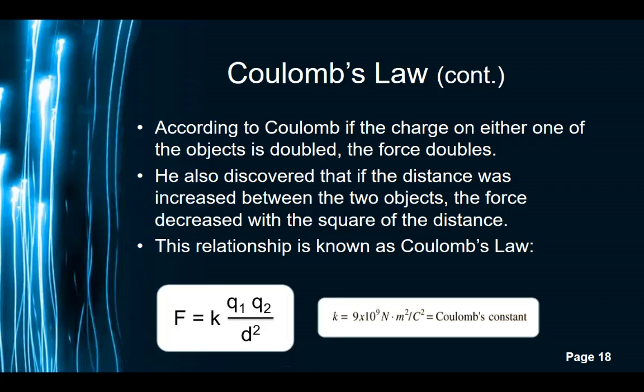In this case, the units are Newton meters squared per Coulomb squared. Coulombs, remember, is the unit we use to measure charge, and we need that to cancel out if we're going to get force in newtons. So this unit makes sense, just like the one for the gravitational constant in Newtonian gravitation.